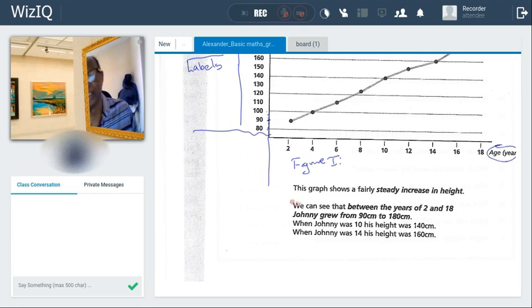If the child is growing, the height needs to increase. If the age of the child is increasing and the height is not increasing, then it means the child is stunted. So therefore, there's a problem, and that's how we identify that the child has a problem.